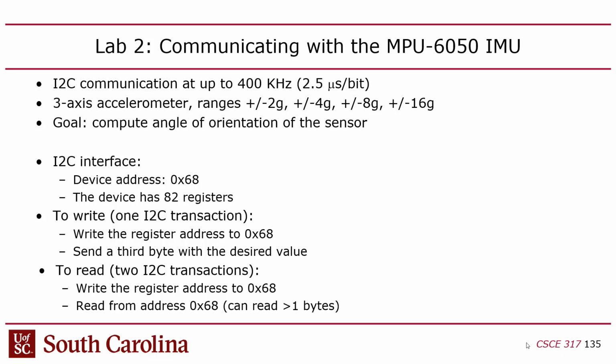Now, one of the things I didn't talk about is the address on I2C. What is that address used for? With SPI, usually there's only one master and one slave, so the address in SPI is usually just the direct address of a register on the slave, because there's only one slave.